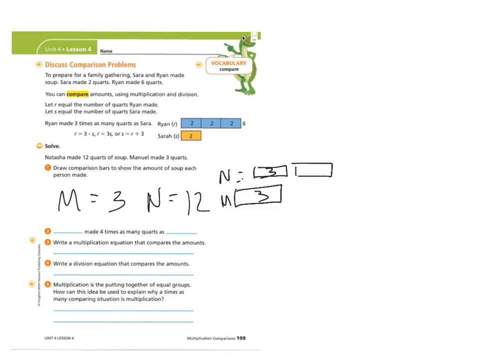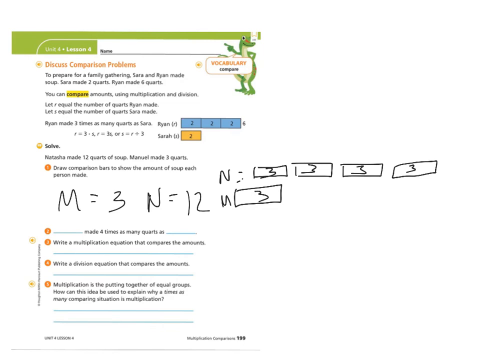3, 3, 3, 3. If we count by threes, we'll see that we got to 12. 3, 6, 9, 12. So how many times more did Natasha make than Manuel?